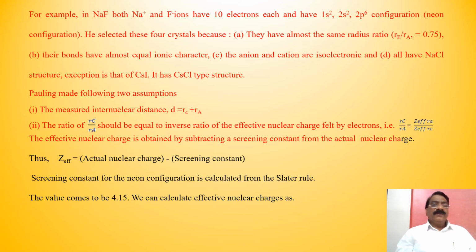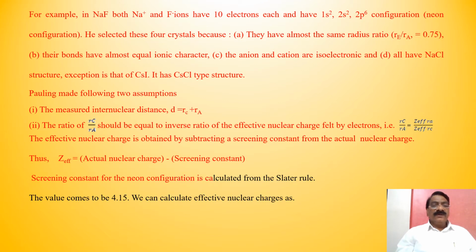The effective nuclear charge is obtained by subtracting a screening constant from the actual nuclear charge. Thus, Z effective is actual nuclear charge minus screening constant.